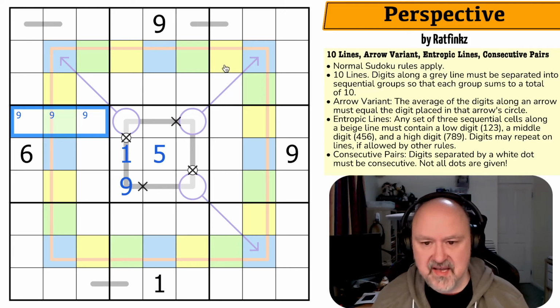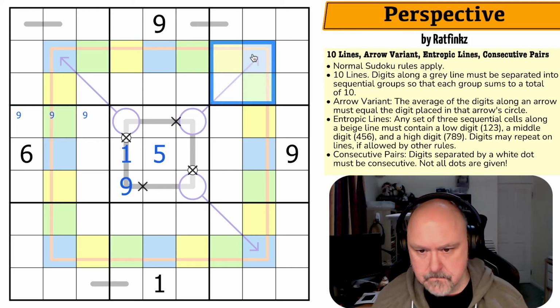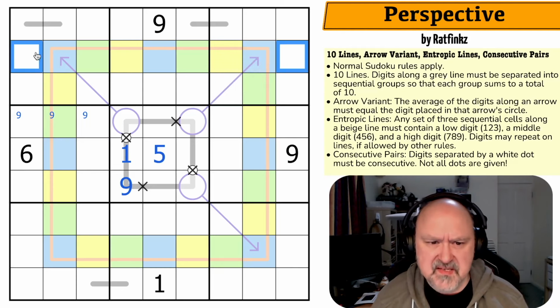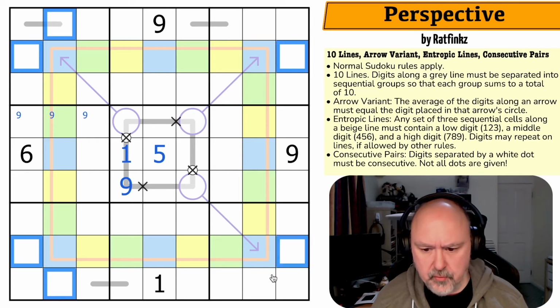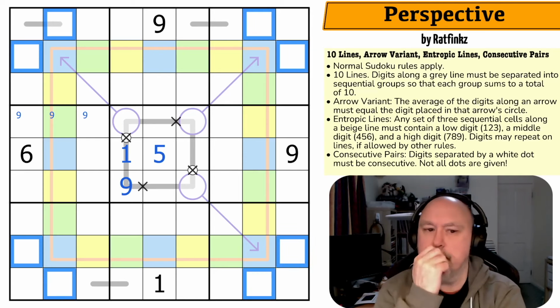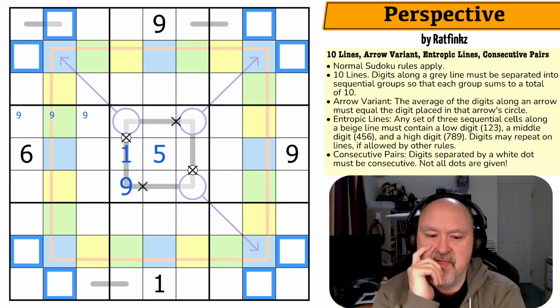Now, 9 can go on the arrow. These are all not blue. They're all from green and yellow.